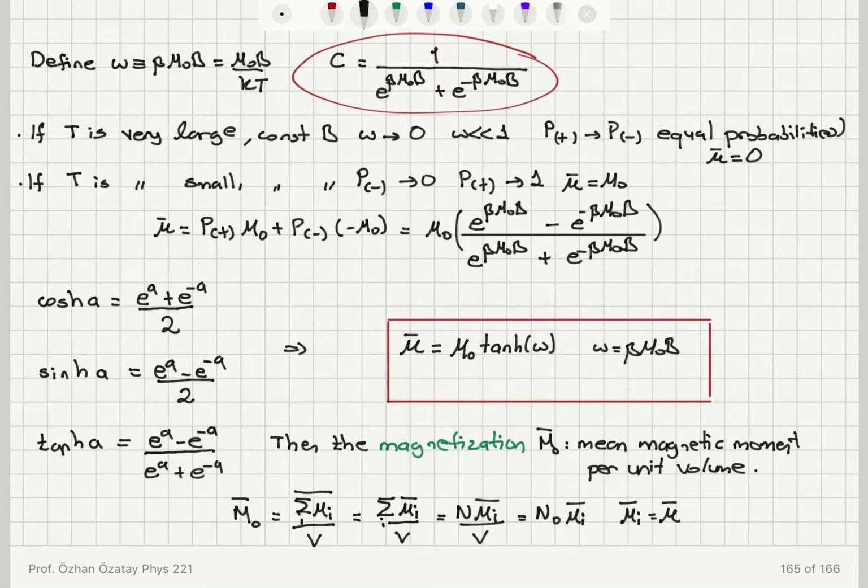So I find that the magnetization, the mean magnetic moment per unit volume, will be the number of magnetic atoms per volume multiplied by the average moment per atom. So it's going to be n0 times mu bar.